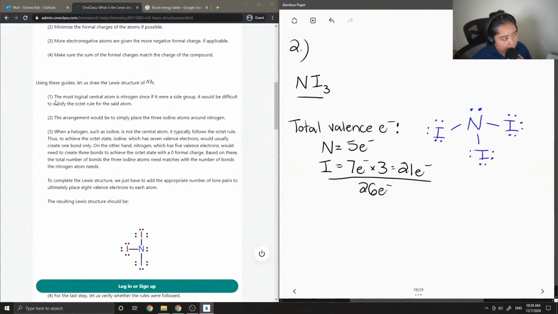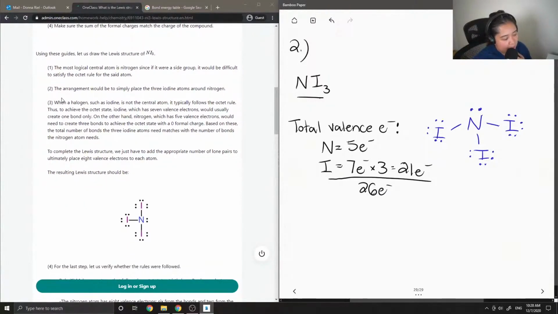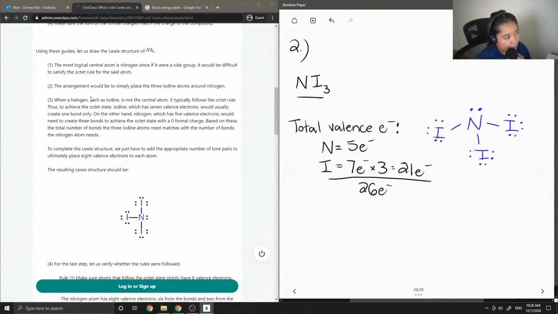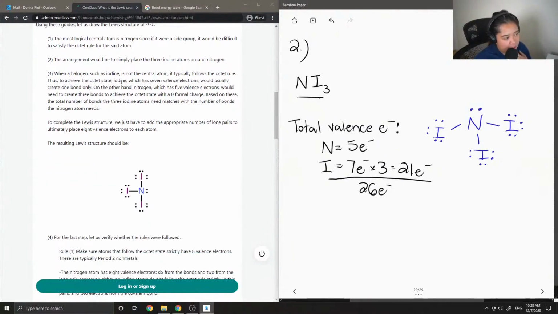Okay, so using these guides, they drew NI3. 1, the most logical central atom is nitrogen, since if it were a side group, it would be difficult to satisfy the octet rule for nitrogen. Step 2, the arrangement would be to simply place the 3 iodine atoms around nitrogen. 3, when a halogen such as iodine is not the central atom, it typically follows the octet rule.